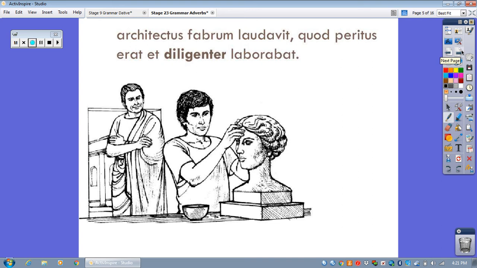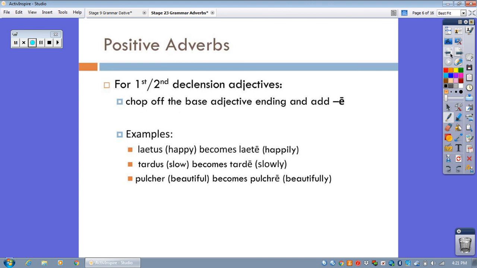Okay, so how do we form adverbs from adjectives? Let's start with positive adverbs. Well, for those adjectives which fall under the first and second declension, for example, ones that end in -us, like laetus or tardus, and pulcher too as a first and second declension adjective, all you do is chop off the base adjective ending, as in this -us here, and you add the letter e.